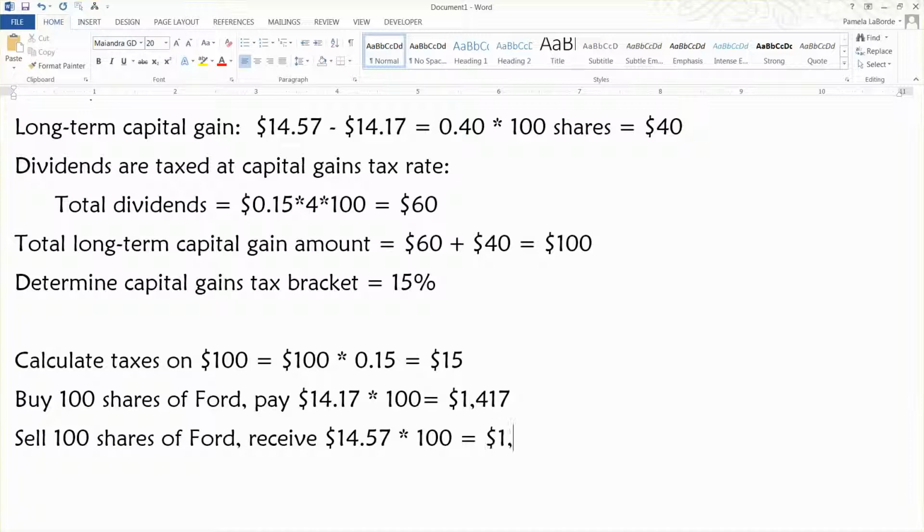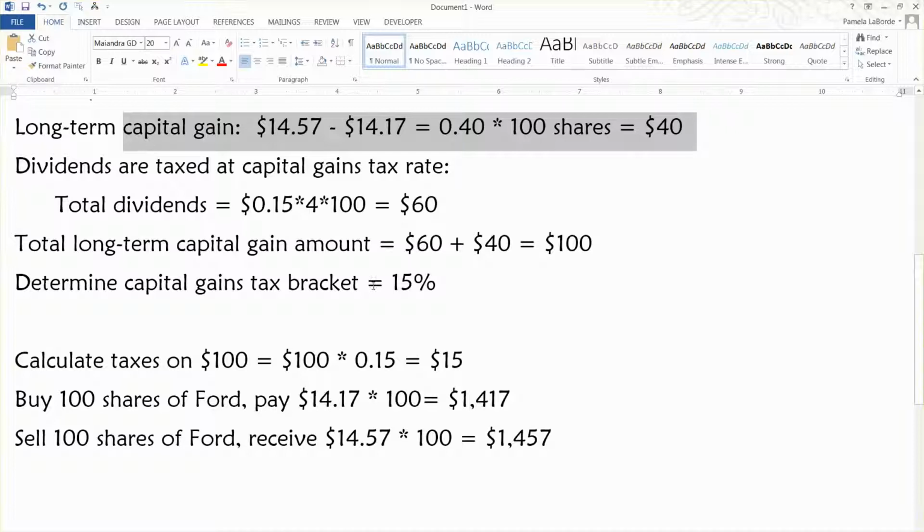So I'll get $1,457. I don't pay taxes on the 1457. I pay taxes on the difference between the 1417 and the 1457. That difference is $40, which is what we calculated up here, our long-term capital gain. So some people accidentally pay taxes on the entire amount received, but that's not the way it works. You only pay taxes on the gain.